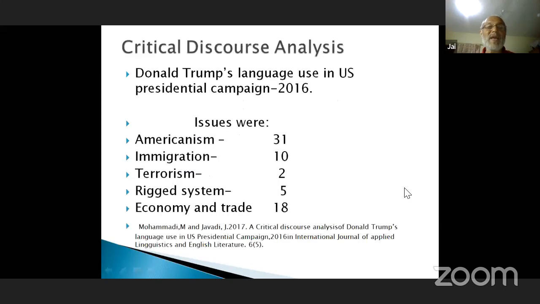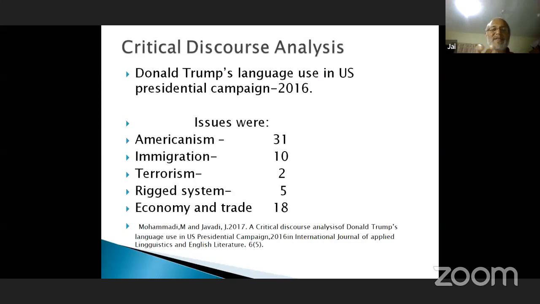So look at one example from Donald Trump's language use in the US presidential campaign in 2016. And this was the critical analysis of just one article. The speech that he gave on his primary success, from his electoral campaign for the Republican Party in 2016, when he was nominated by the Republican Party to contest with Hillary Clinton.